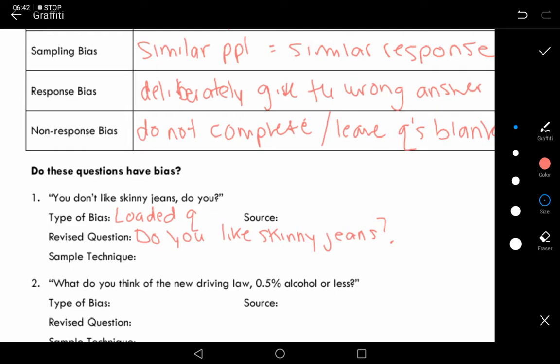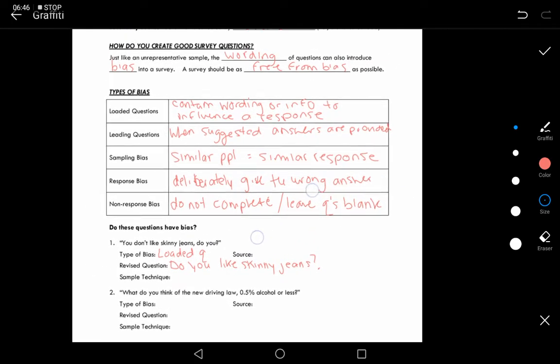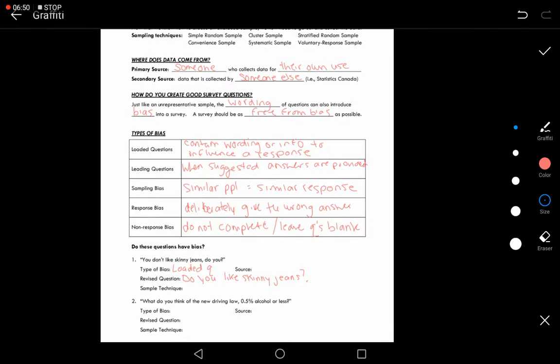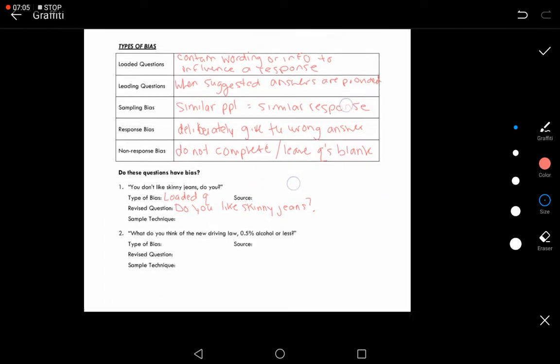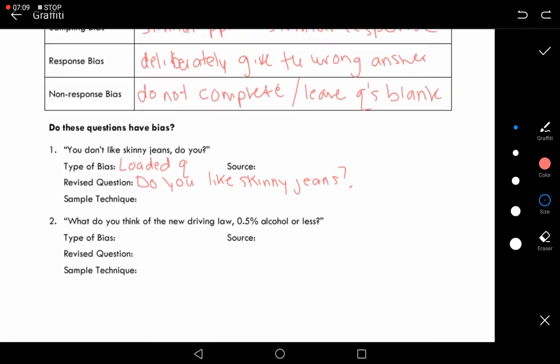We could use any of them. They're up here, this is why I'm zooming out. Simple random would work here. Convenience sampling you probably wouldn't want to do because your friends probably have the same opinion as you. Maybe your parents would have different ones though. But basically you could justify any type of sampling. Okay, second question here.